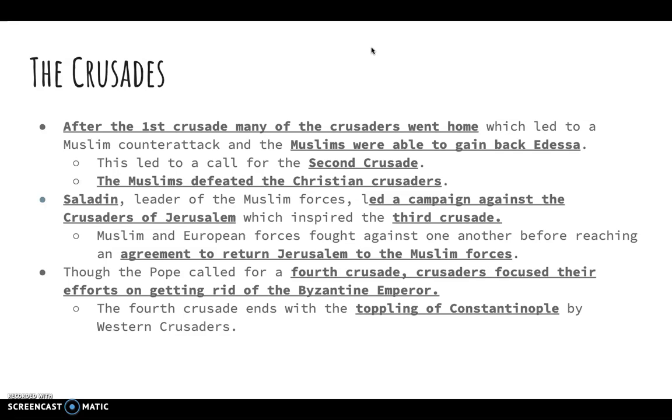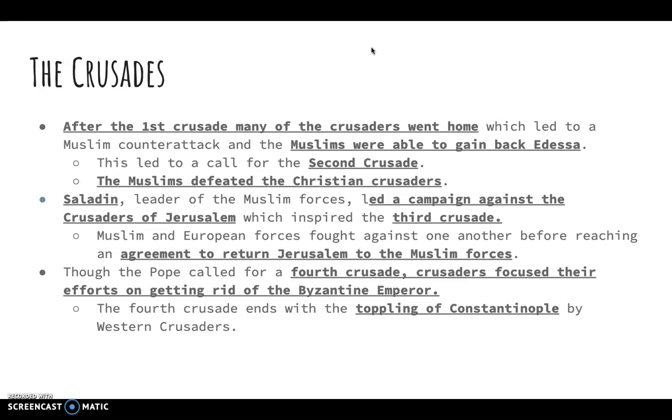This inspires the Third Crusade, because Jerusalem is really the one area in which they don't want Muslims to take over, because Jerusalem was so holy to Christians. The Muslim and European forces fought against one another and eventually reached an agreement that returns Jerusalem to the Muslims. Although the Pope calls for a Fourth Crusade, the Crusaders really try to focus on expanding the Catholic influence at this point.